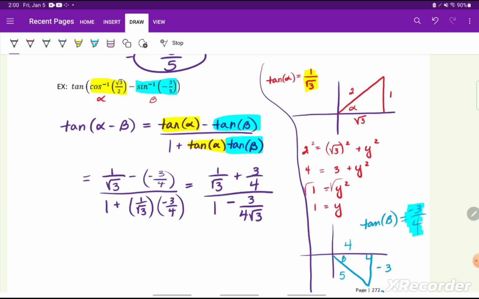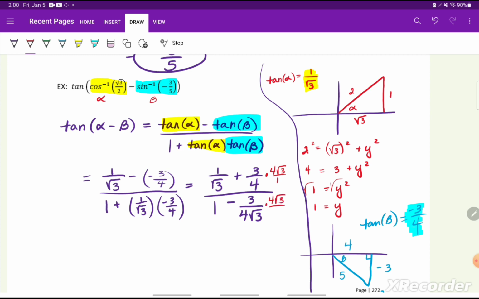The LCD, right, we're always just looking at the individual denominators, and we want the product of the individual denominators. Our LCD is going to be 4 times the square root of 3. So we'll multiply each one by 4 square root of 3 over 1.